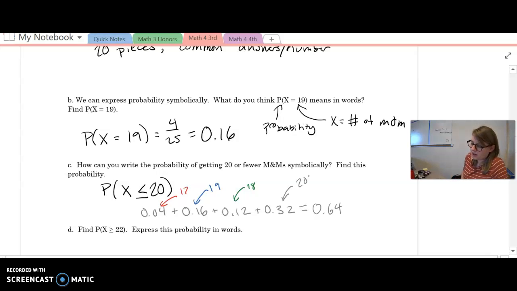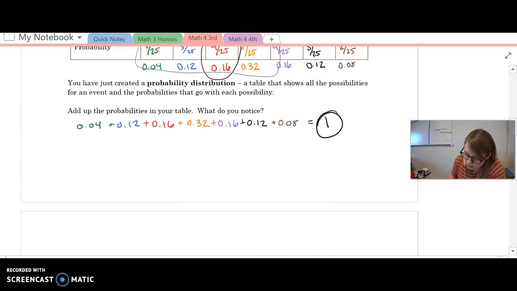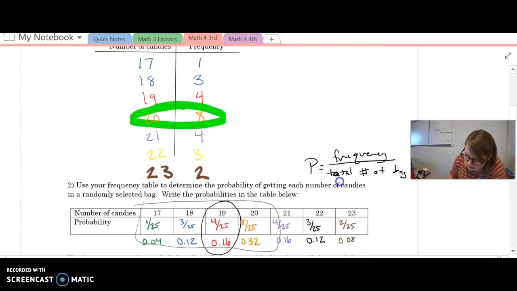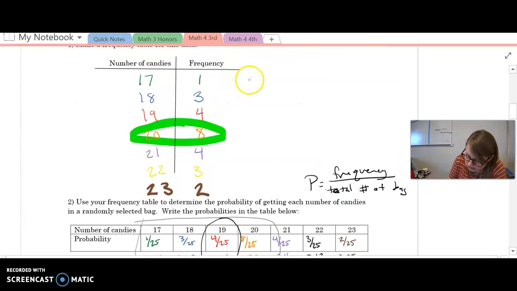Okay? Now the other way to find it, if you didn't want to use the decimals, you could also use the fractions. What you could have done is add up all the frequencies. So we could have done 1 plus 3 plus 4 plus 8, which is 16. And then we're going to find the probability using, again, this formula.